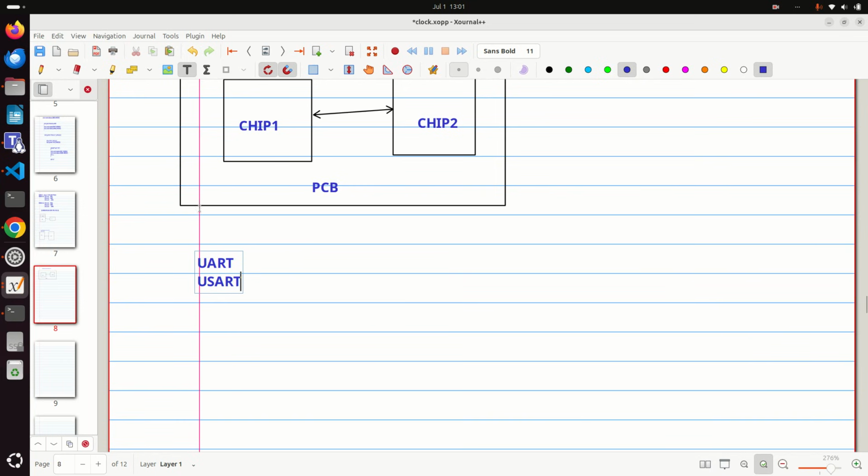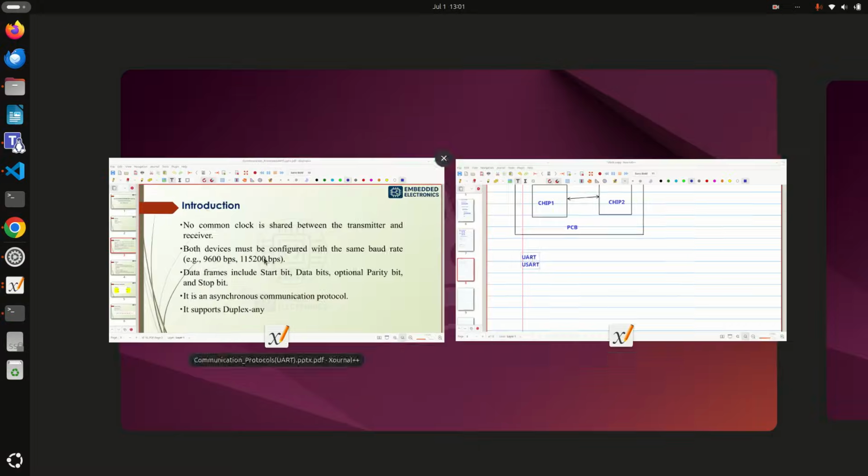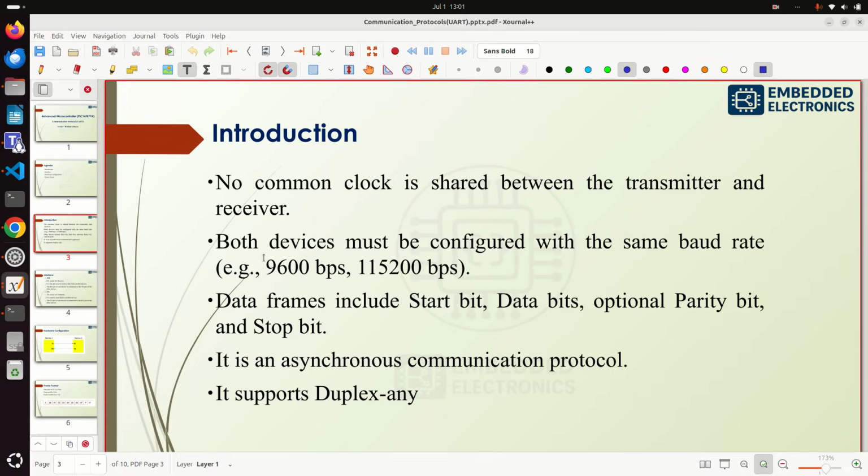Now let's discuss the UART protocol, universal asynchronous receiver transmitter protocol. Both devices must be configured with the same baud rate, so both receiver and transmitter must be configured with the same baud rate.